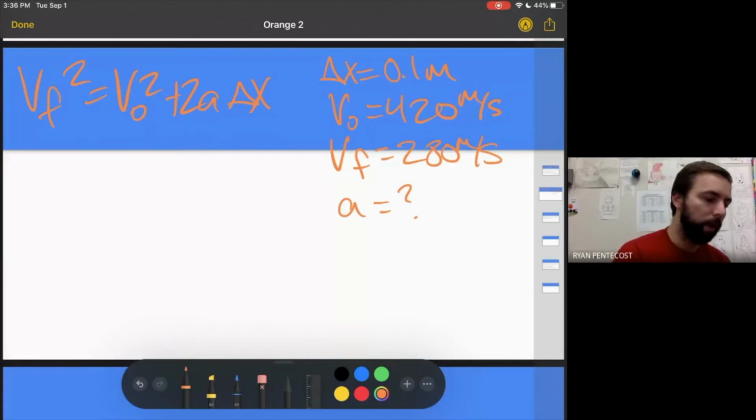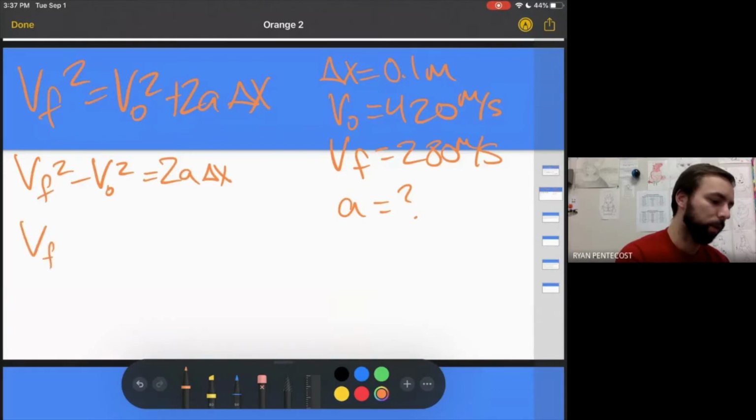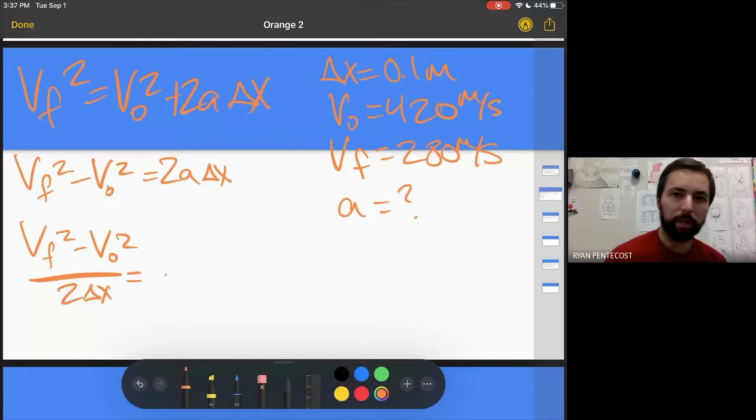Let's isolate it. You subtract v naught squared over, then divide the 2 and the delta x over. So we'll have v final squared minus v naught squared, divided by 2 delta x, gives us acceleration.